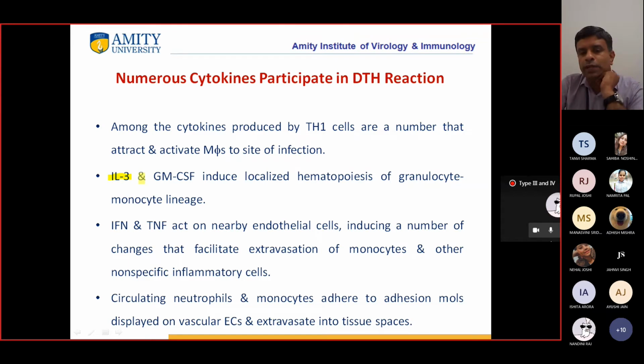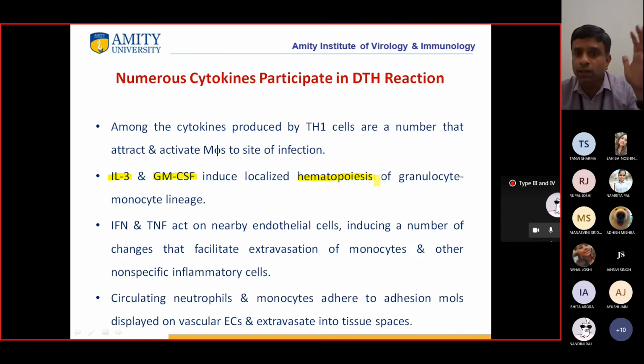Okay, so two cytokines, IL-3 and GM-CSF, okay, they induce localized hematopoiesis, right? So what is hematopoiesis, and one of you will also be talking about hematopoiesis. So hematopoiesis basically means formation of new blood cells. Okay, so these cytokines will induce formation of new cells.